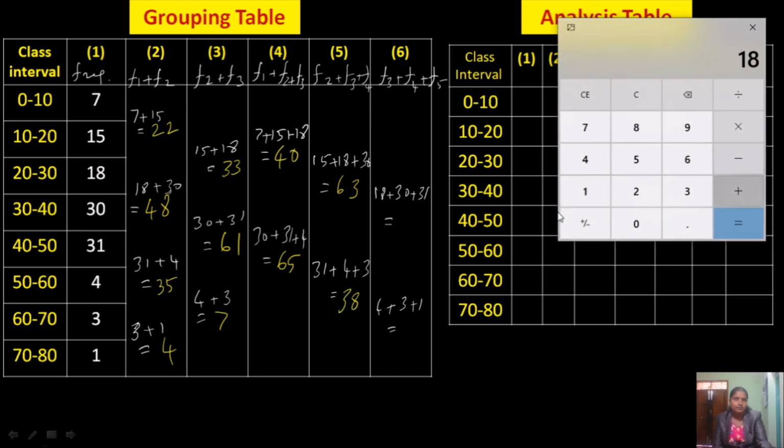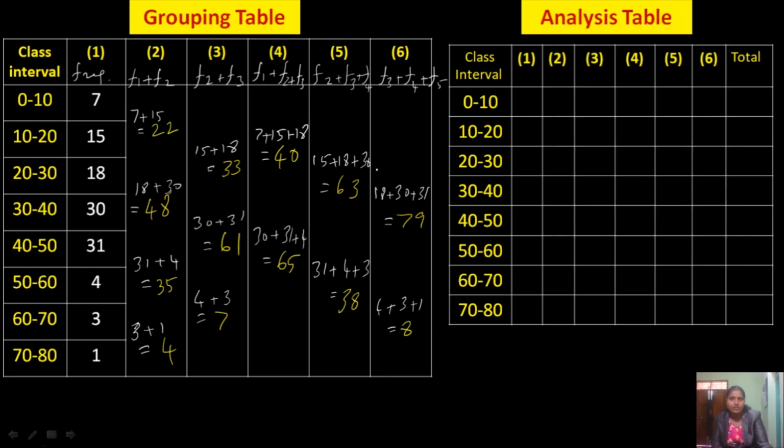And 18 plus 30 plus 31, we have 79. 4 plus 3 plus 1, we have 8.